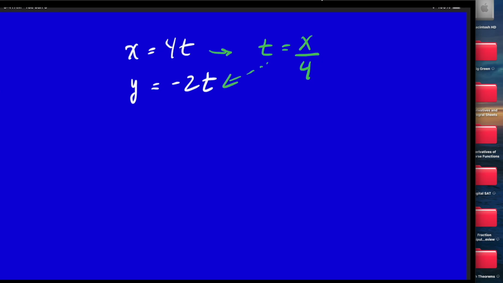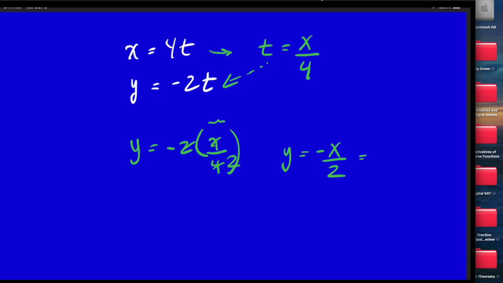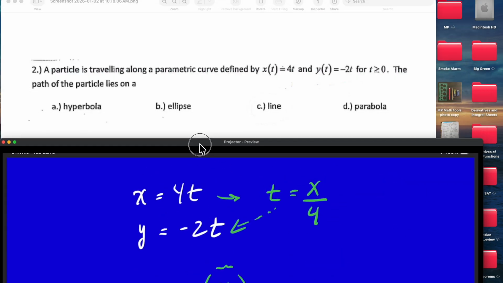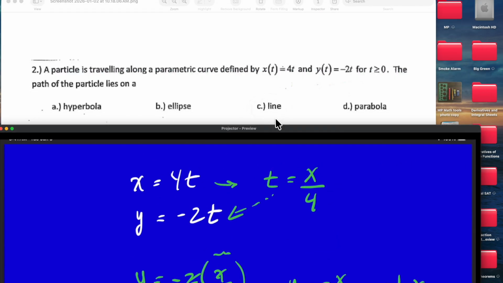Now we'll substitute that into the y equation and we'll end up with y equals negative 2 times x over 4. The 2's will cancel out and you'll end up with y equals negative x over 2, which is just negative 1/2 x. So that would be a linear equation. So the choice would be choice C.